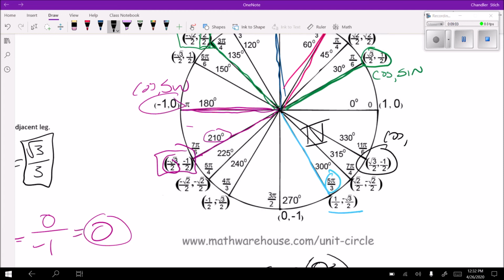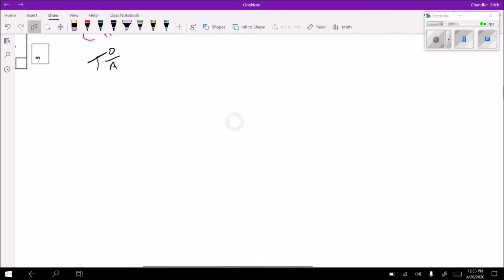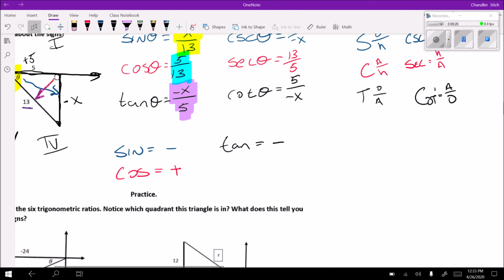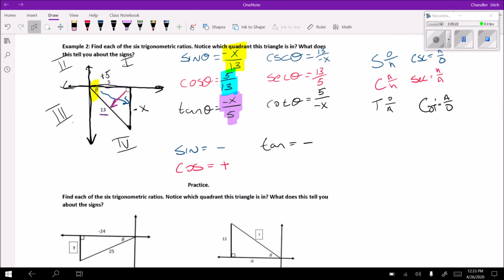Remember, it's cosine, comma, sine. So cosine is positive, sine is negative. Does that correspond up here? Yep, cosine is positive, sine is negative. Therefore, we did it correctly.